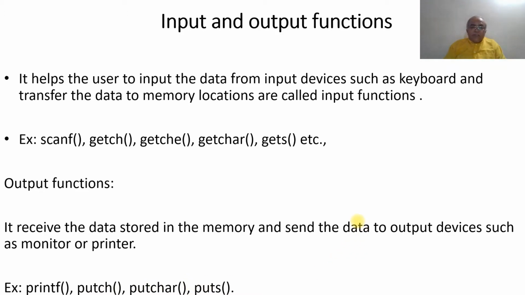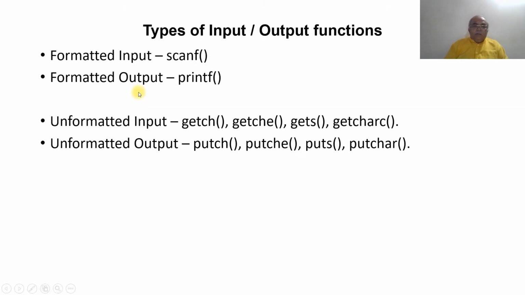The next is the types of input and output functions. In the types of input function, we have formatted input and unformatted input, and then formatted output and unformatted output.